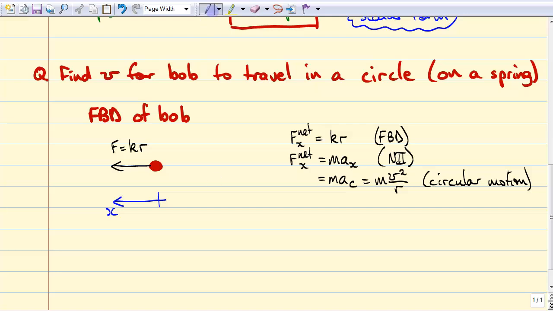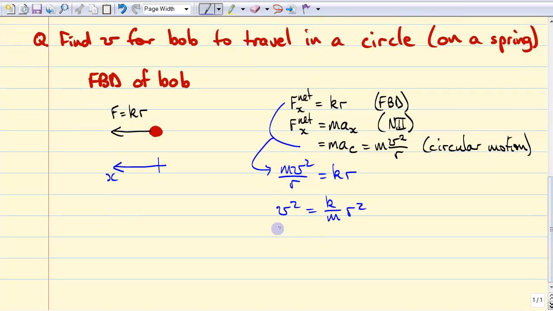Right, so now we've recorded what we did, and if I combine these two lines, I get that mv squared over r is equal to kr, and the thing that we're looking for is v, so I can go v squared equals k over m r squared, and so I get that v, take the square root, is the square root of k over m times r.